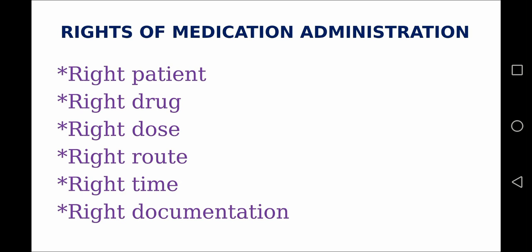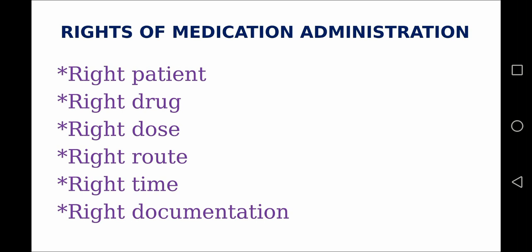Next is right drug or medication. Here in the right drug, the medical personnel has to cross-check the medication with the other medical staff that you are giving the correct medication that was actually ordered.